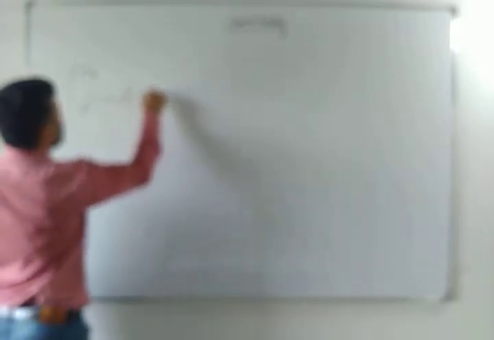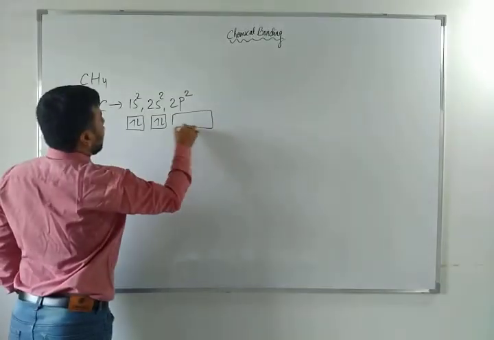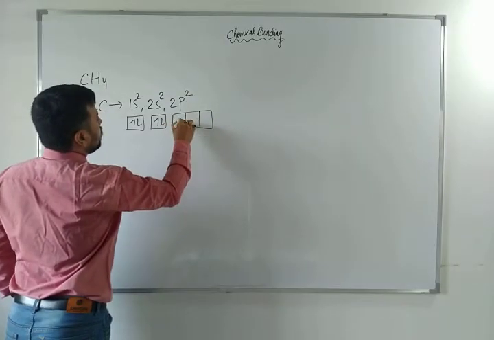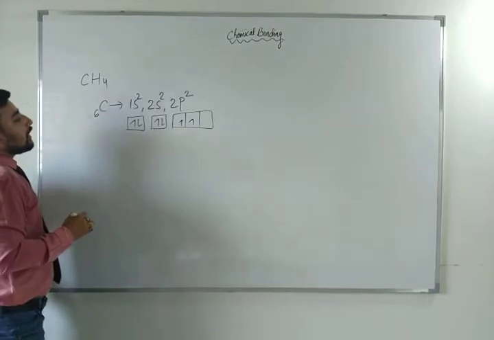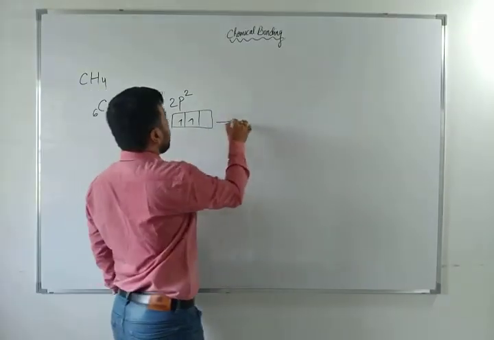CH4, right? In this CH4, the carbon atomic number is 6, 1s2, 2s2, 2p2, right? So the 1s orbital will have 2 electrons, 2s will have 2 electrons, and 2p2. This is called the ground electronic configuration.